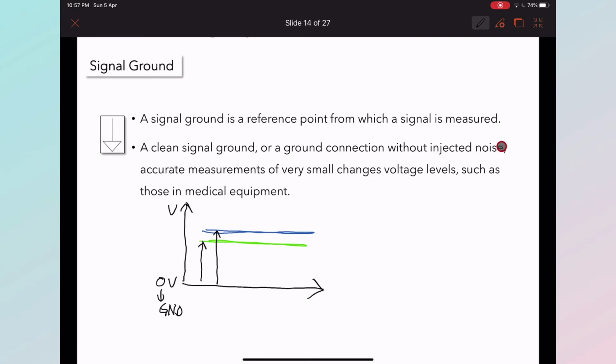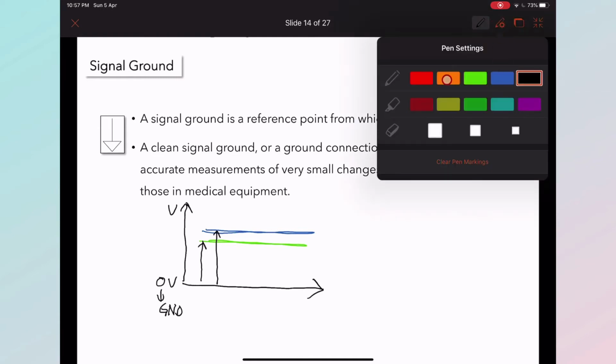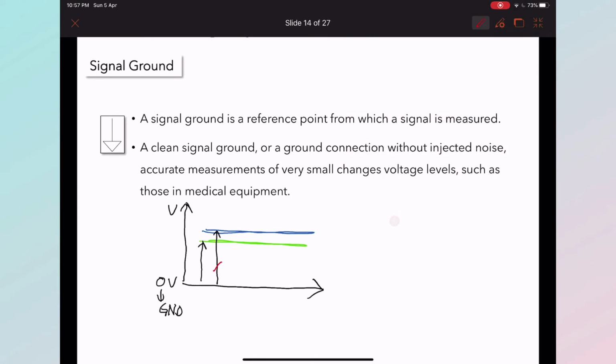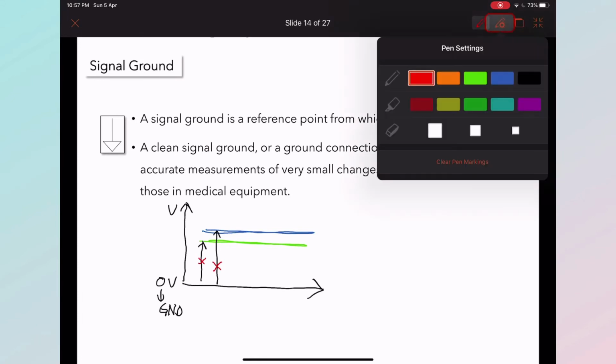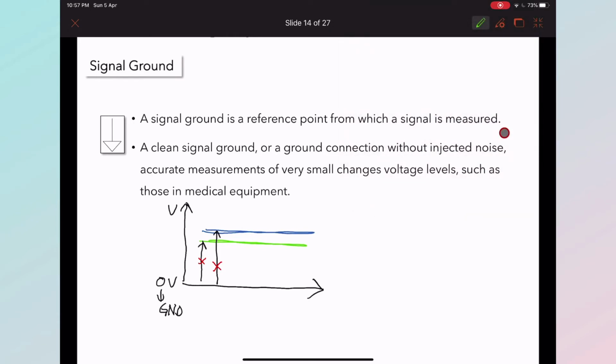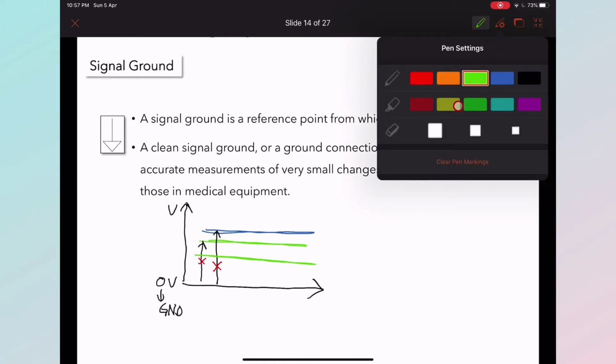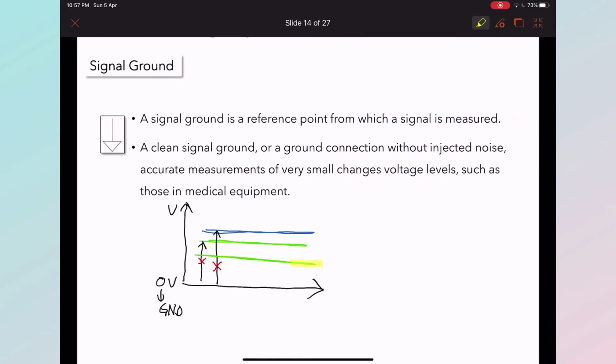But when signal ground is used, this is not done. So this is not the level that we measure. We introduce another signal in there, like this signal. I will highlight it with this one.